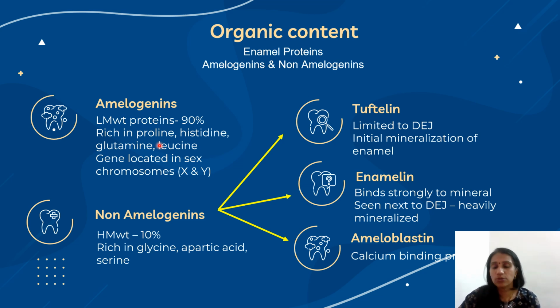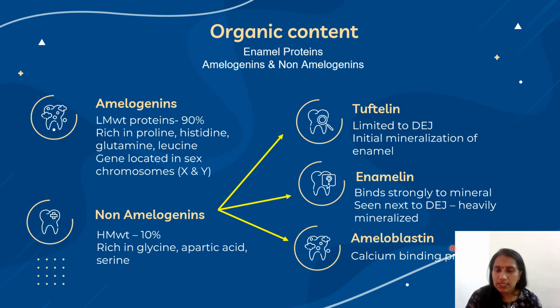The other enamel protein, non-amelogenins, is a high molecular weight protein which forms a lesser amount, and is rich in amino acids like glycine and aspartic acid. The different types of non-amelogenins are tuftelin, enamelin and ameloblastin.